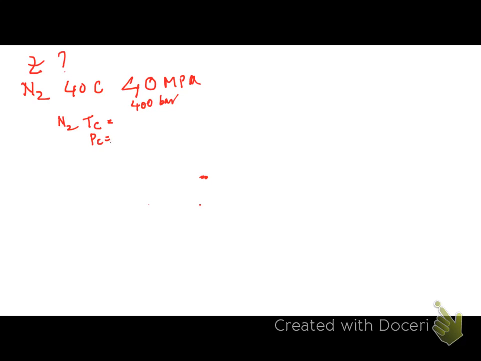TC is 126.2. And PC is 33.6, 33.5 bar, or atmospheres.